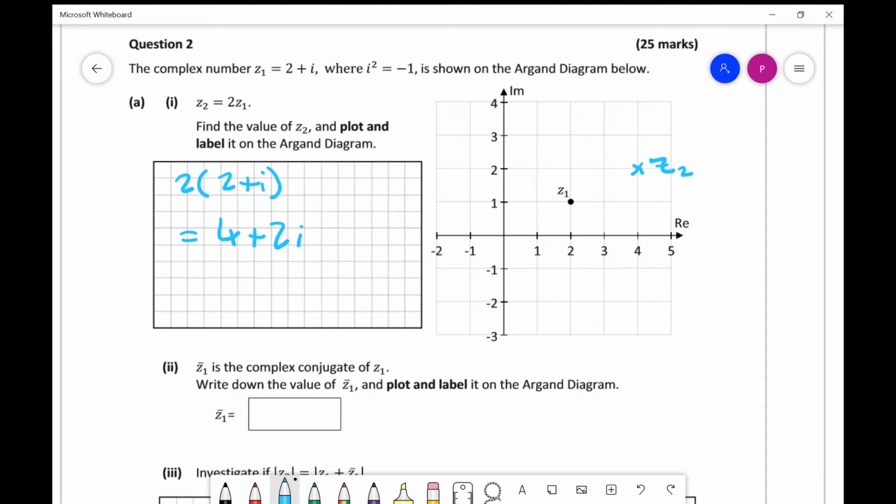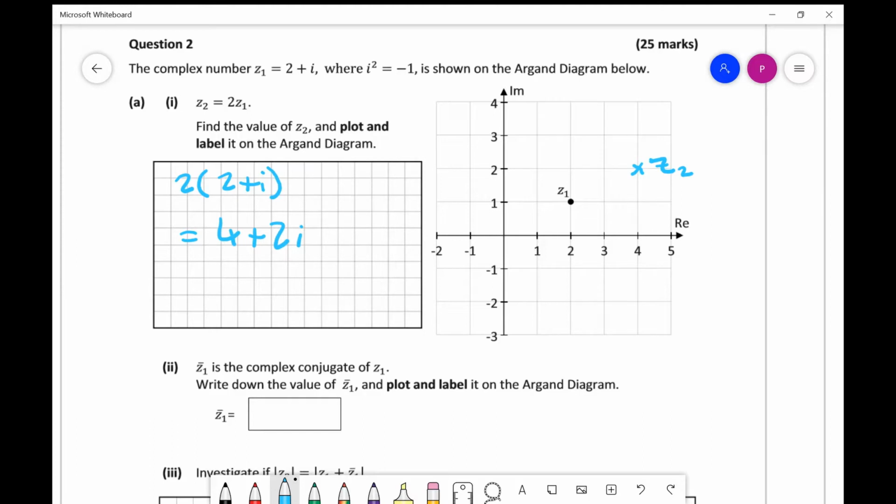Part 2 says Z1 hat is the complex conjugate of Z1. Write down the value of the conjugate of Z1 and plot and label it on the Argand diagram. Okay, so if we recall, the only difference between Z1 and its conjugate is that we change the sign on the imaginary part of our number.